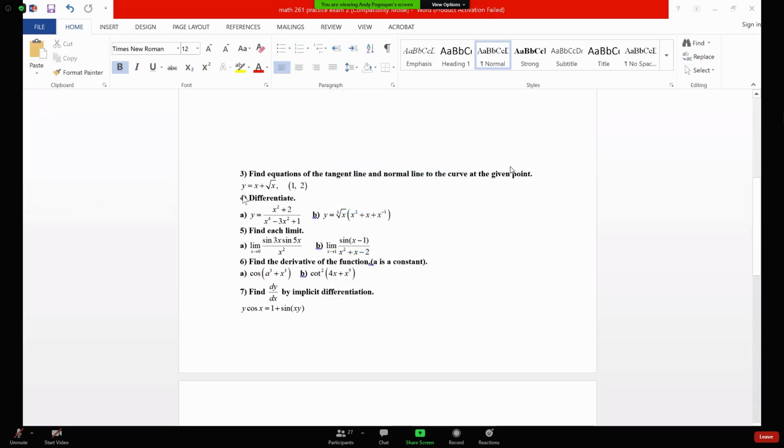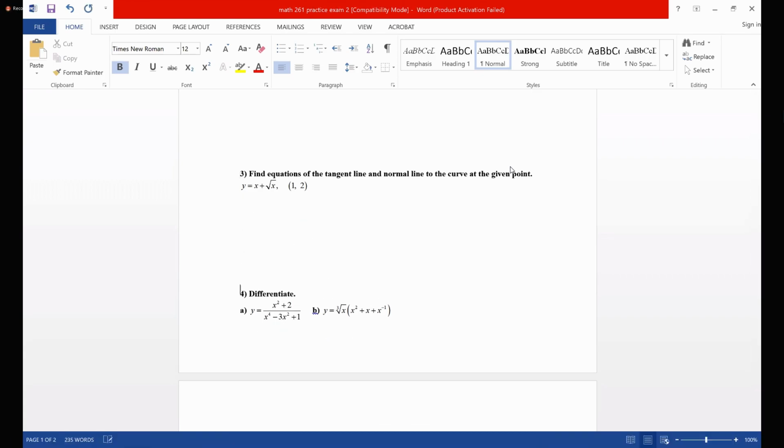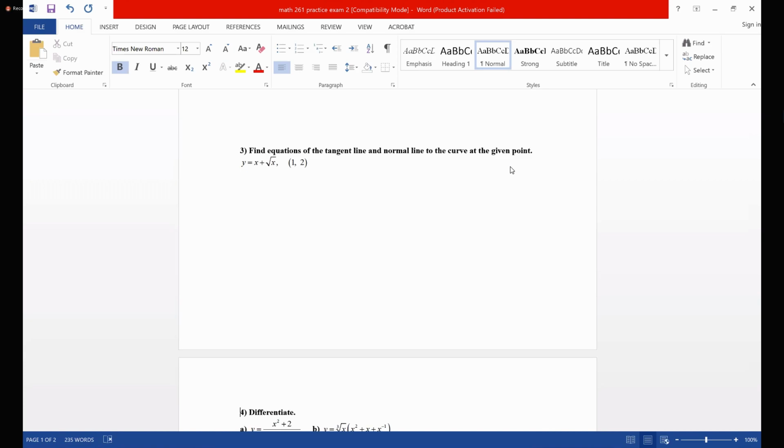3 is just finding tangent and normal. So you need to find the derivative. y prime equals, so you have x plus x to the 1 over 2, derivative. It's 1 plus 1 over 2 x to the negative 1 over 2.